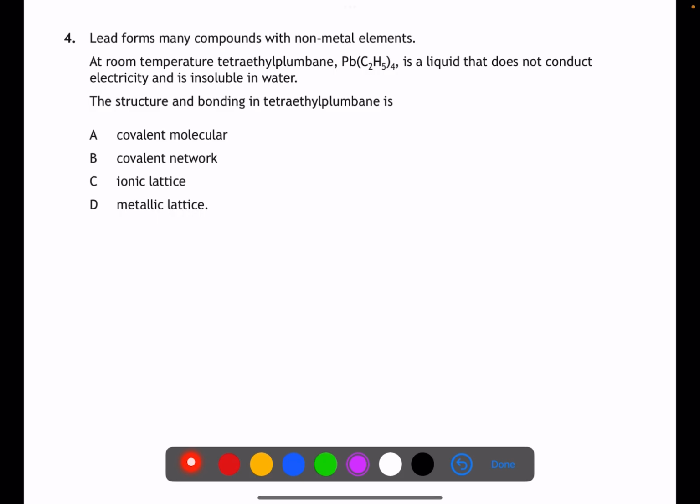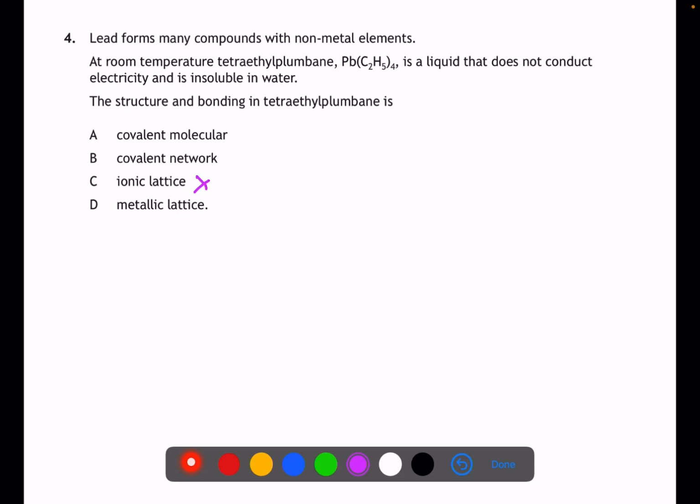Question 4. Lead forms many compounds with non-metals. At room temperature, tetraethylplumane, Pb(C2H5)4, is a liquid that does not conduct electricity and is insoluble in water. The structure and bonding in tetraethylplumane is what? Initially, you would be tempted to go for ionic lattice because you have a metal and a non-metal.